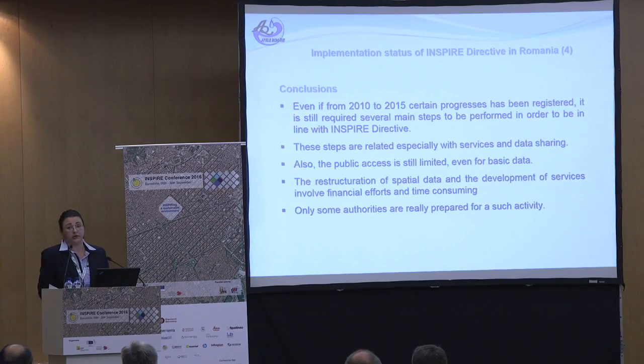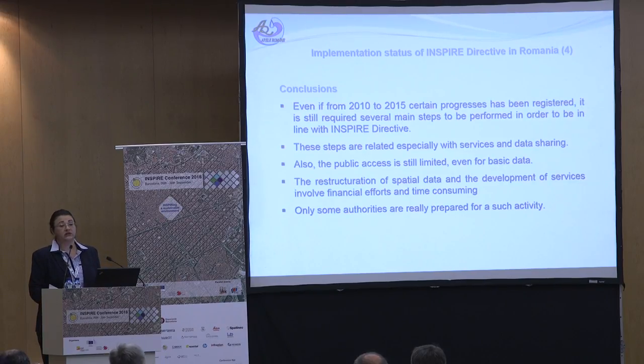We don't have an open data policy in our law, but depending on each institution and on the character of the data, we can open the data to the public. For example, for water management, we have free access to the flood risk map.